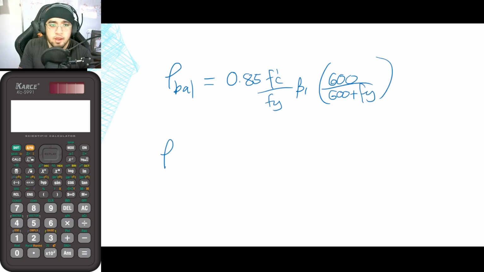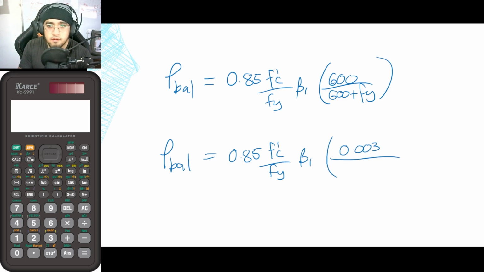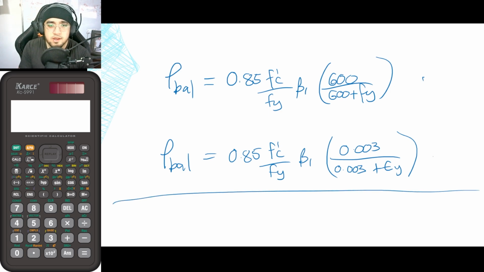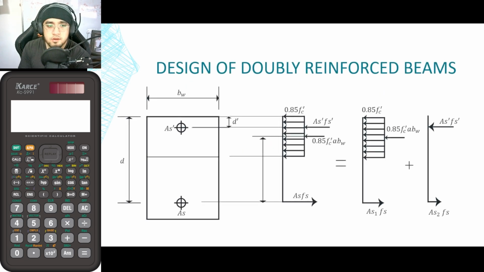Or we can rewrite this as rho balance equal to 0.85 times f'c divided by fy times beta 1 times 0.003 divided by 0.003 plus strain y. Okay, so you can make use of either of these two equations, but take note that this is only true for SRRB. Meaning that we cannot make use of this formula here.